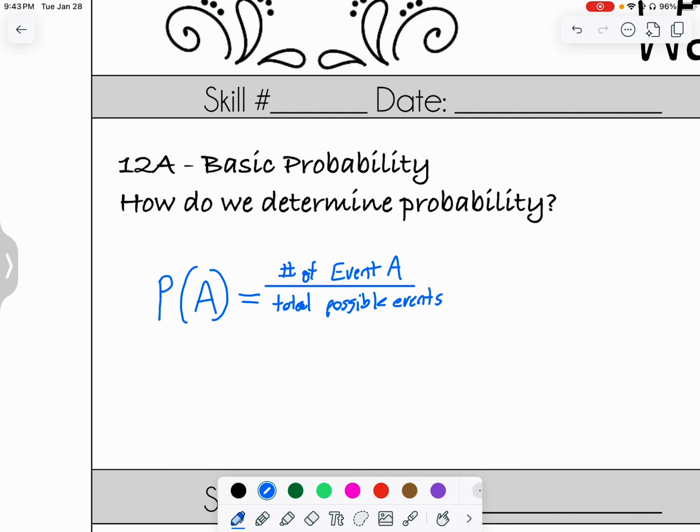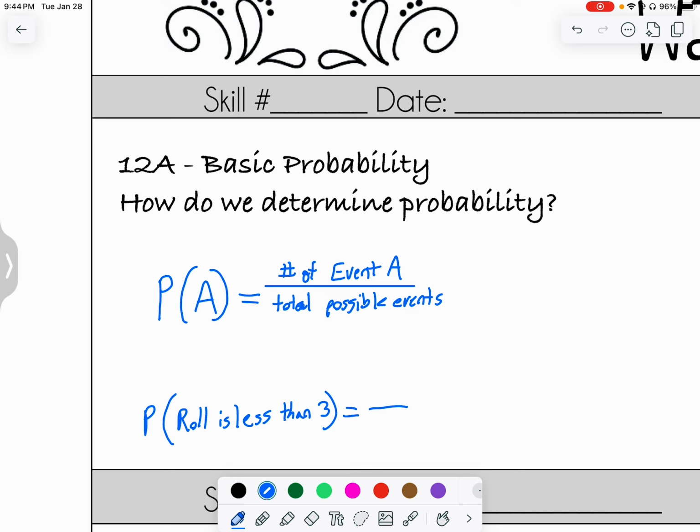For example, what's the probability that I would roll a die and get a number that's less than 3?